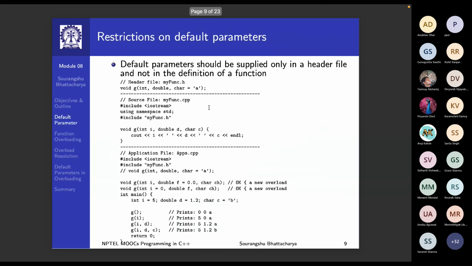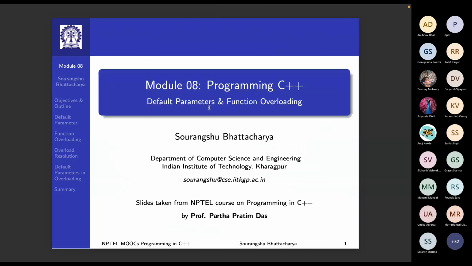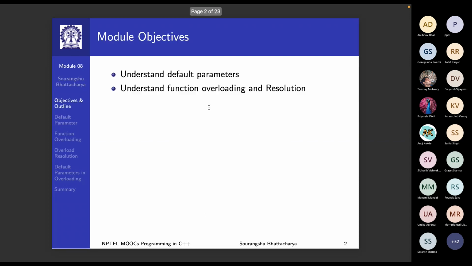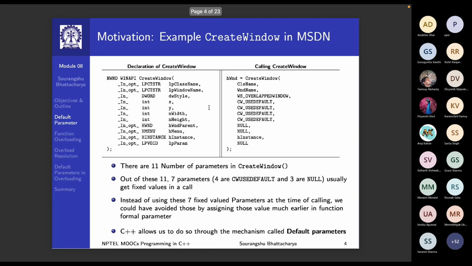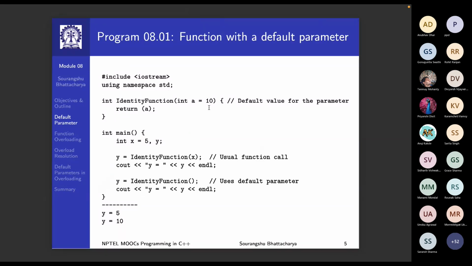Just to recollect, we had discussed two things in the last class. We had started discussing function overloading, but we had discussed the default parameters in C++. And as we shall see, you can think of them as also related.